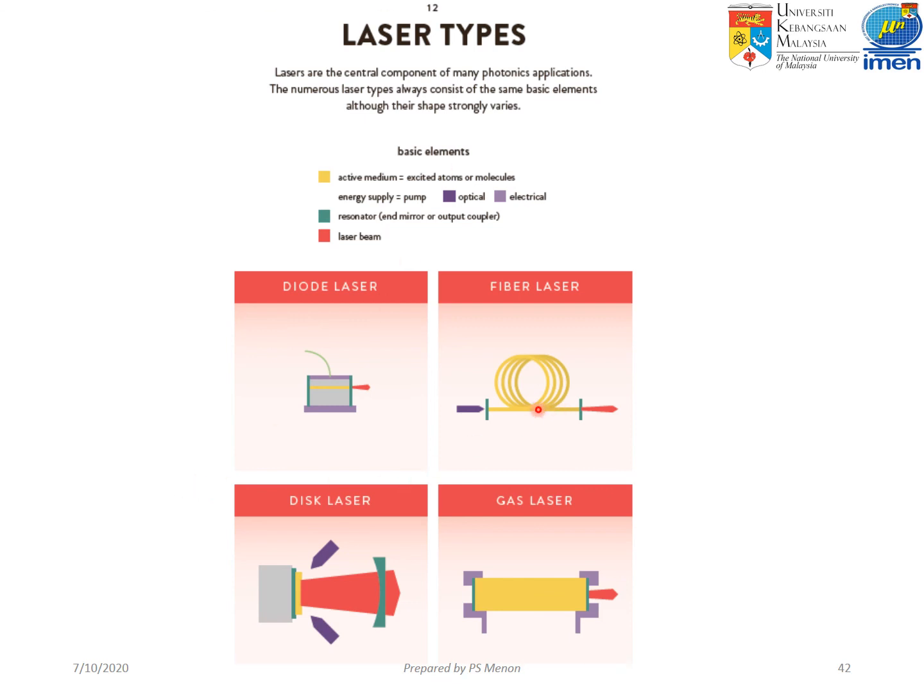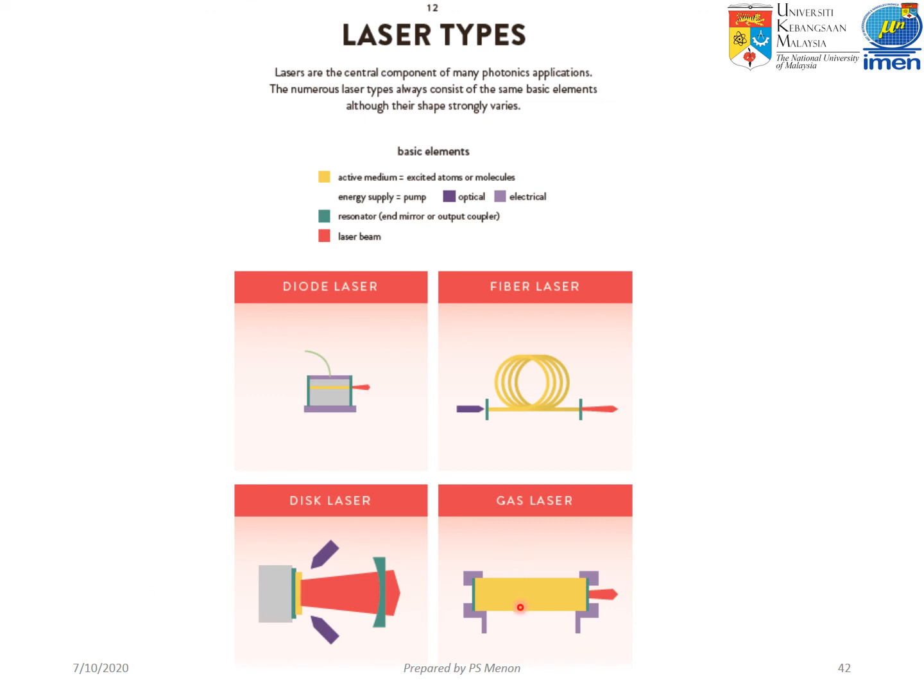In a fiber laser, the active medium is embedded in the optical fiber, the energy supply is optical, in dark purple, and the light goes through the active medium and is emitted out as a laser beam. A disc laser is in the form of a chip. You have the active medium over here, the energy supply is optical, and you have two resonators to resonate the light, and finally light is emitted out as a laser beam.